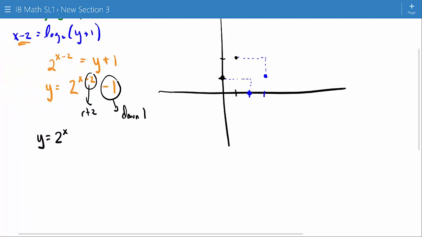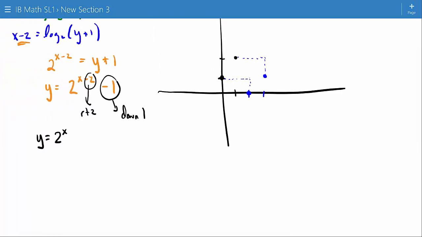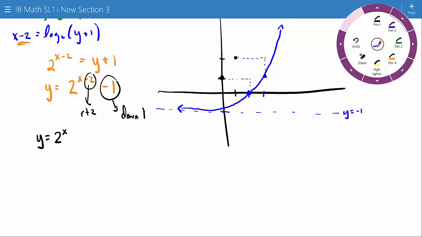And the asymptote going left and right doesn't matter, but it does go down 1 unit. So the graph of my exponential function looks something like that, with an asymptote at y equals negative 1. But remember, that's not what we want to graph.